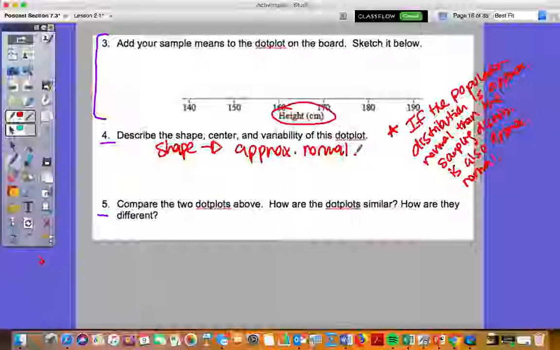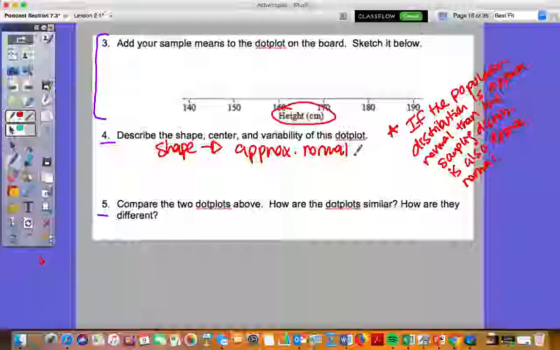Raise your hand and tell me why. Central limit theorem. Central limit theorem, which states what? That the upper one, the population distribution, is approximately normal, then this will be approximately normal. Bingo. Excellent.